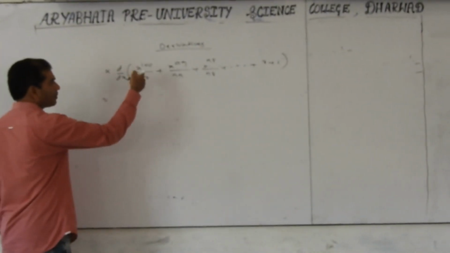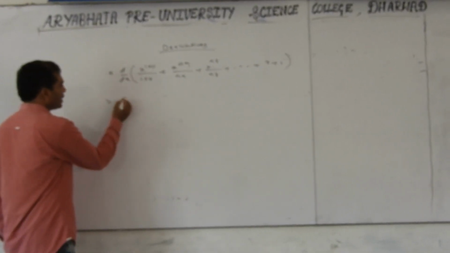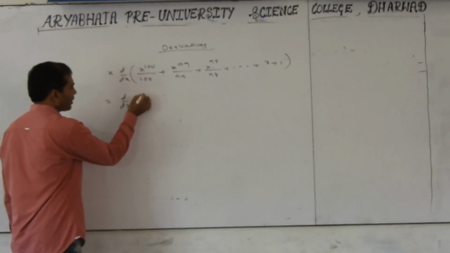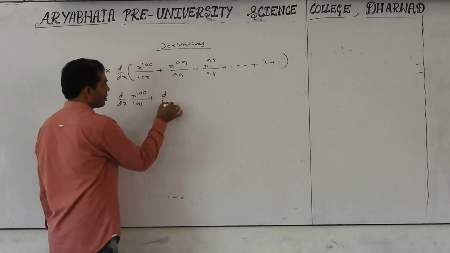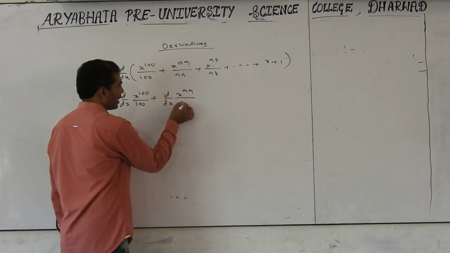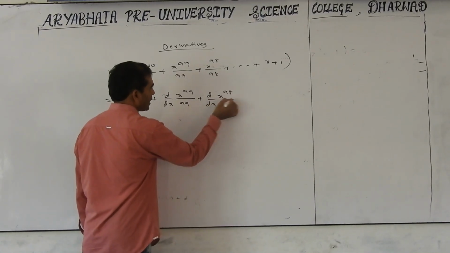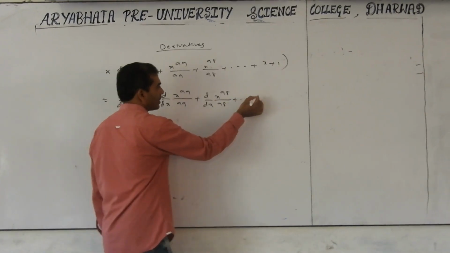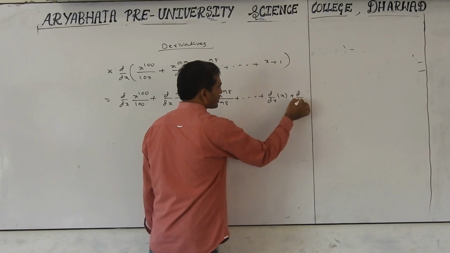Differentiation by property: (u plus v) whole dash equals u dash plus v dash. d by dx of x power 100 by 100 plus d by dx of x power 99 by 99 plus d by dx of x power 98 by 98 plus so on, plus d by dx of x plus d by dx of 1.